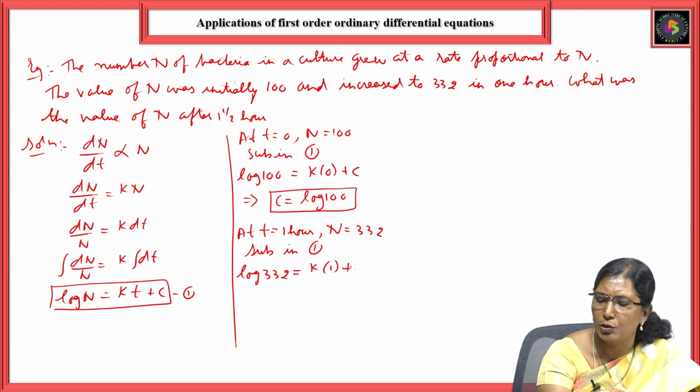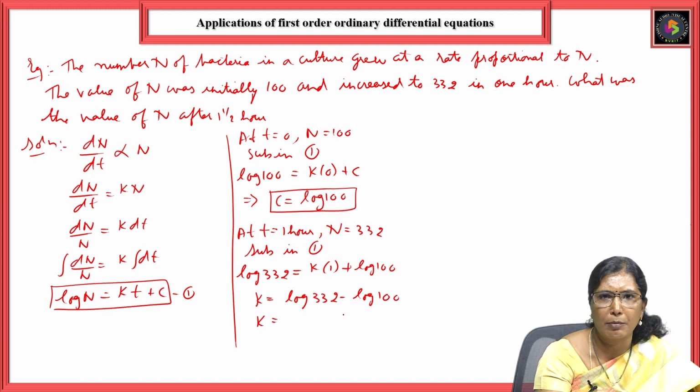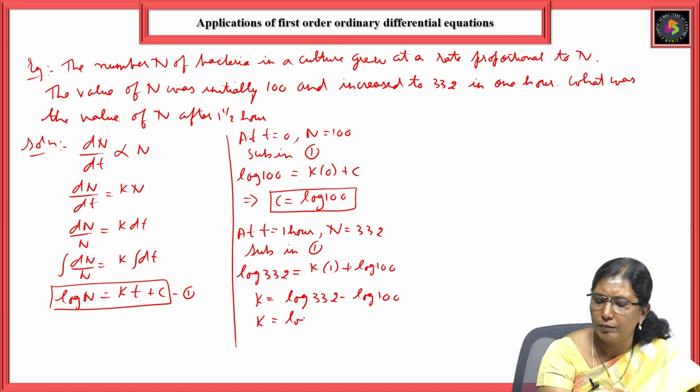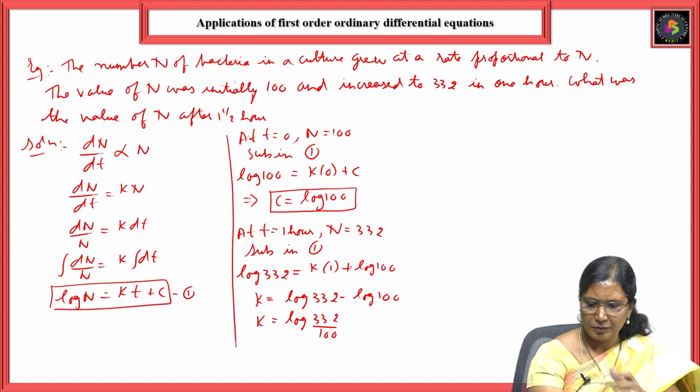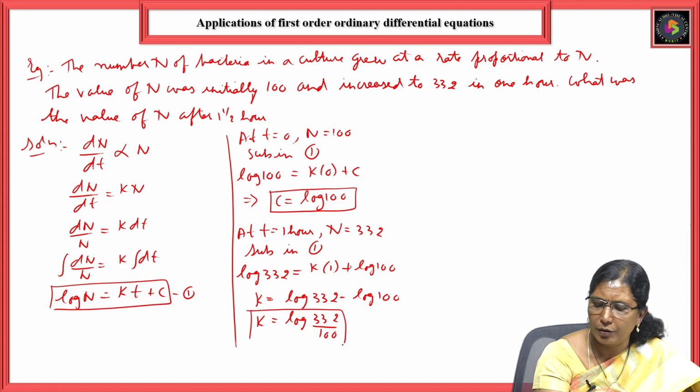Substitute c as log 100 and take this to the left hand side. So k is log 332 minus log 100. Log a minus log b is nothing but log a by b, so we get k is equal to log 332 by 100. So we got the k value now.